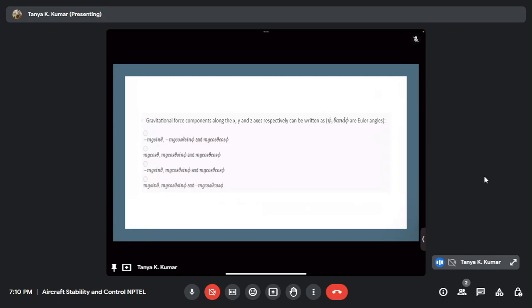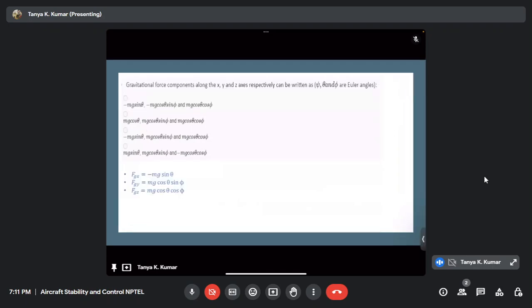The previous slides in fact had these values. These were the Fx, Fy, Fz components of the gravitational force, right? Now tell me which one is the right answer.